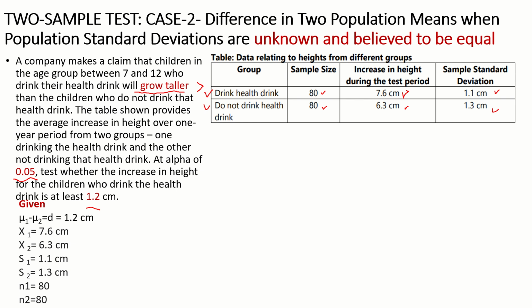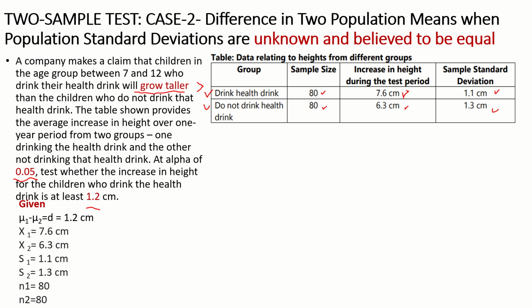That means mu1 minus mu2, the difference between two population means, is 1.2 cm. This is what is given, and we have derived this from the table.